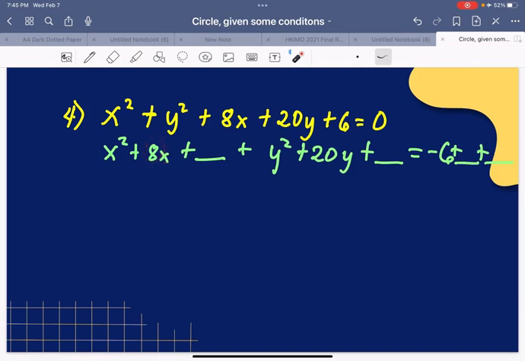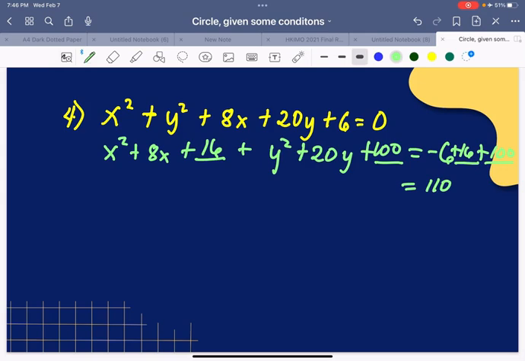So 8 divided by 2, that is 4. 4 squared, that is 16. Next, 20. 20 divided by 2, 10. 10 squared is 100. Okay, so plus 16 plus 100. Negative 6 plus 16, that is 10. 10 plus 100, okay, it's 110.